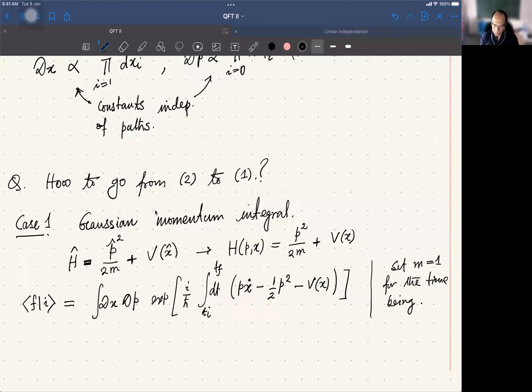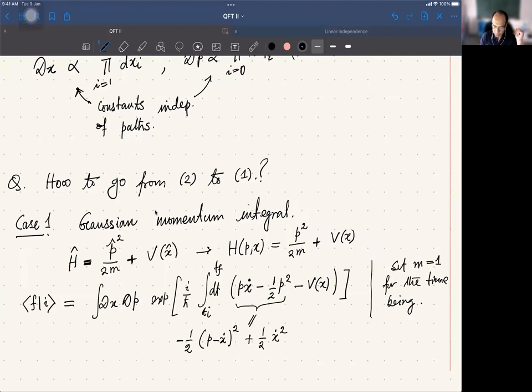So only this part, minus half p square plus p x dot, can be written as minus half times p minus x dot whole square plus half x dot square, right? This is what is meant by completing the square.